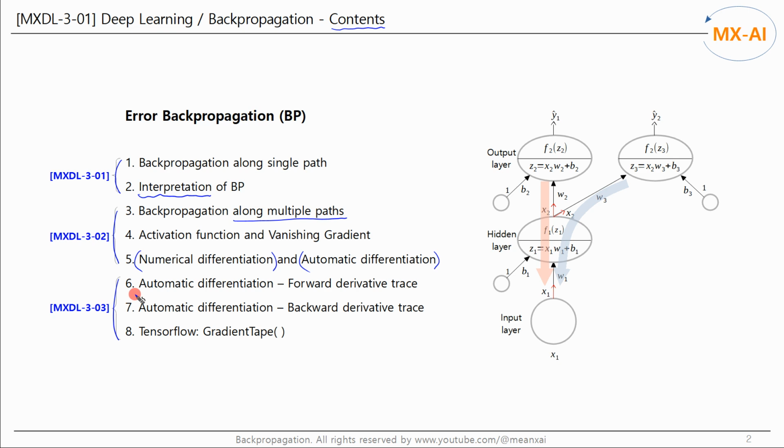In this series, we will take a closer look at how automatic differentiation works. Automatic differentiation methods include forward derivative trace and backward derivative trace. Let's look at both methods and see which one is better. And let's look at how to perform automatic differentiation in TensorFlow.